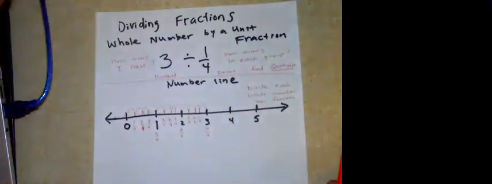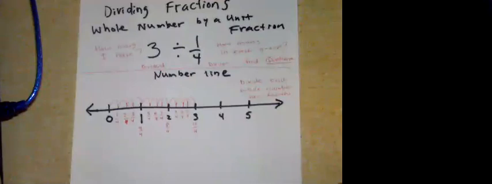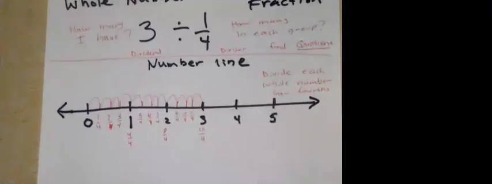Let's see if I can zoom a little more. And if you notice, I kept the fractions as improper. I didn't simplify because 12 divided by 4 equals 3.